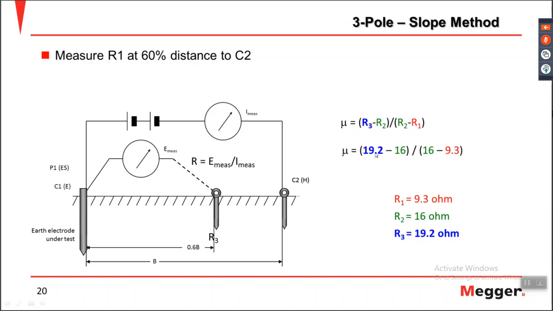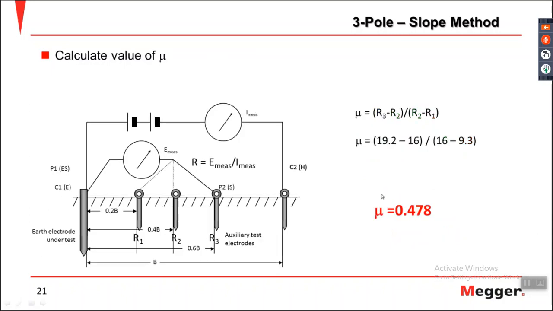So you use this formula to find the coefficient value from those measurements, and then you will get 0.478 from this calculation. This value you can use to find the table.